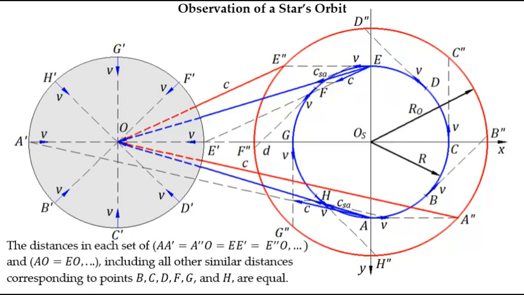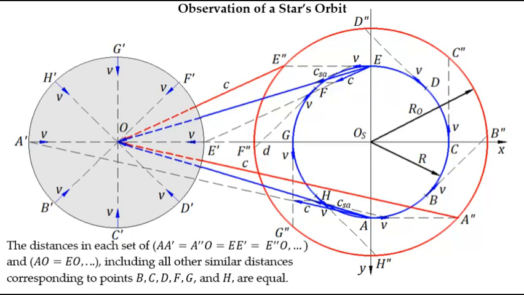At the point O, the observer sees the wave front coming from a point E second, traveling at speed c, along the path E second O equals A second O. The observer perceives a similar observation for each point in the circular orbit.